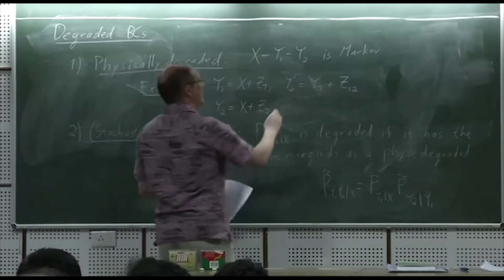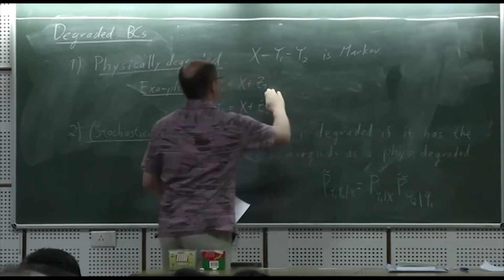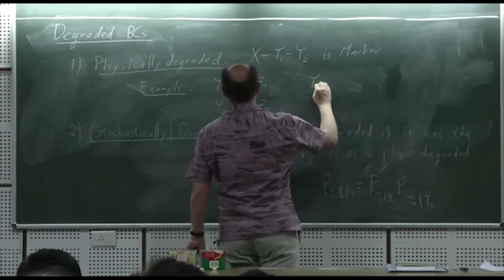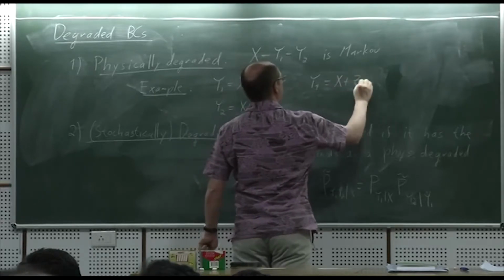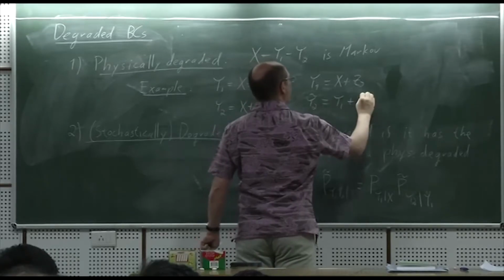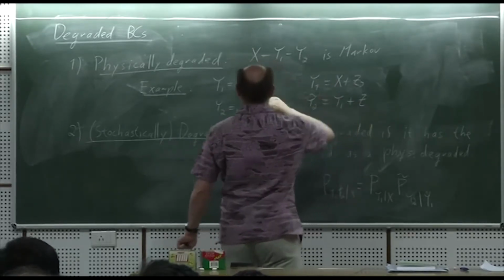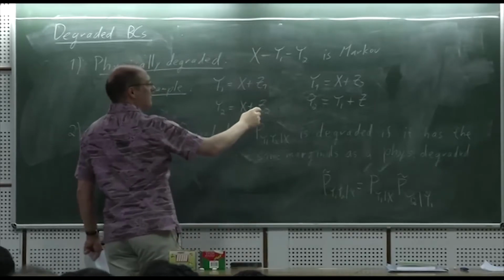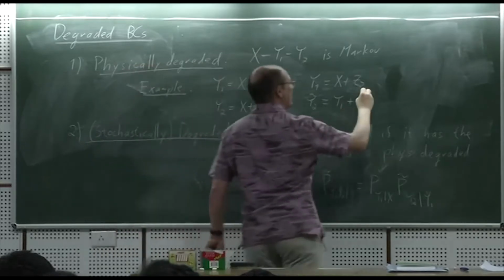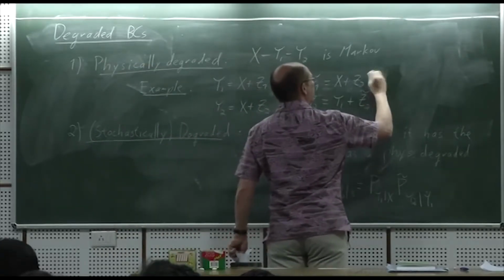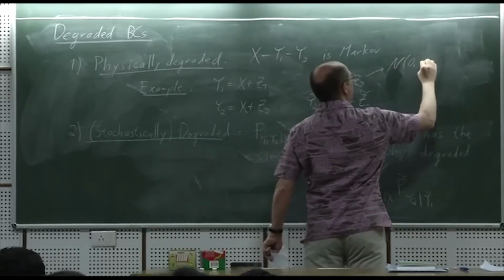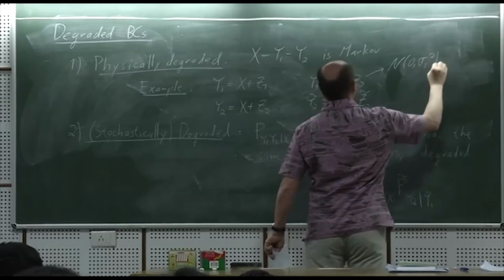For example, this channel here has the same marginals as the broadcast channel where Y1 is X plus Z1, which is the same, and Y2 tilde is equal to Y1 plus Z. I should be careful. If the variance of Z2 is bigger than the variance of Z1, then we can find another channel. So what we're looking at is Z1 is normal, zero mean, power sigma 1 squared.